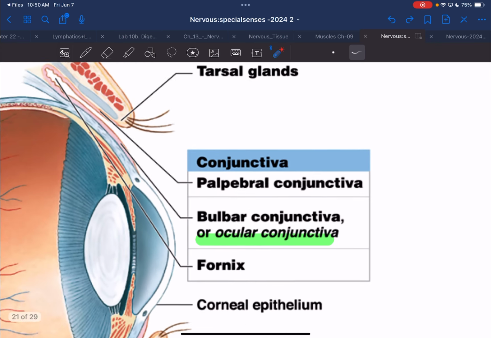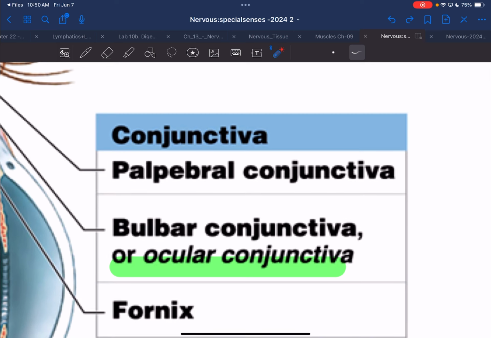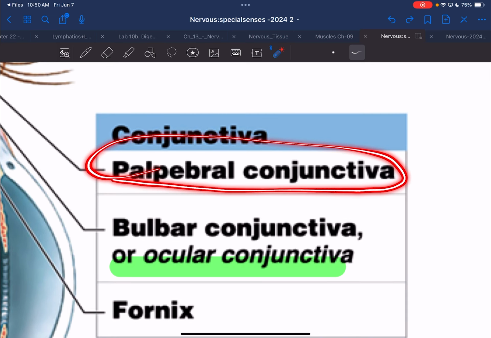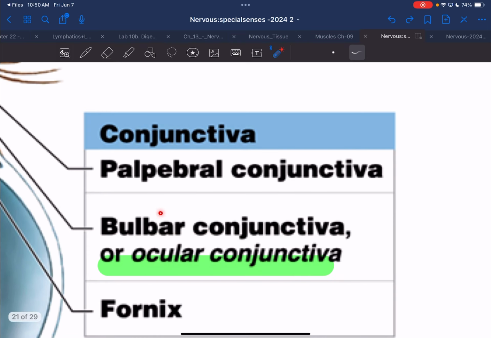But you can see that we call the part that's connected to the actual eyelid something, and the part that's connected to the eye, or closer to the bone, another name. The one connected to the eyelid is called palpebral conjunctiva. Nice and easy. And the one connected to the eye is called ocular conjunctiva and also bulbar conjunctiva. I'll put both of these, whichever one sticks best.